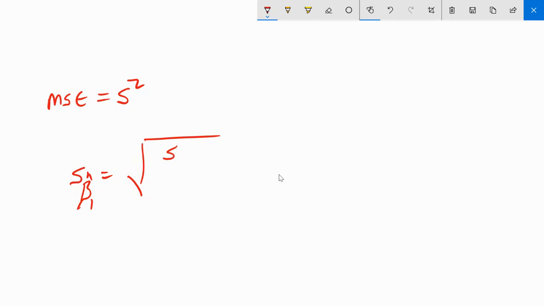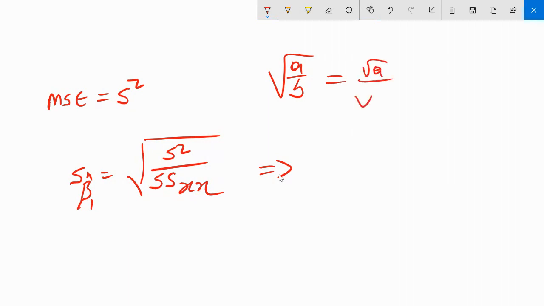Let me try another way of solving this ANOVA table. You need the MSE. And we know that MSE is equal to S squared. Now you are given this, and this is nothing but the square root of S squared divided by SSXX. Remember, the square root of A over B is the same as the square root of A over the square root of B. So we can do that here.